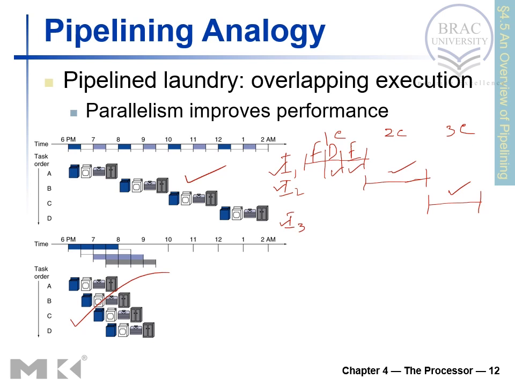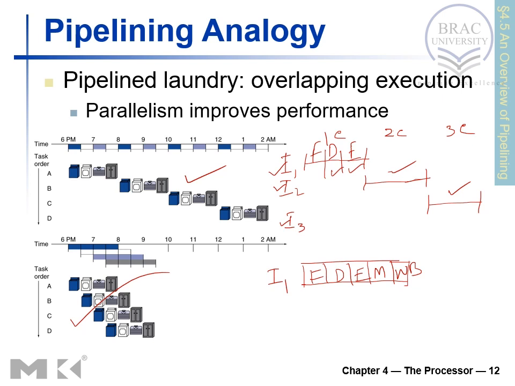In pipelining, what we can do is break the instruction execution into more phases. Let's do it like this: fetch, decode, execute, memory operation, and then write back. So let's say this is instruction 1.